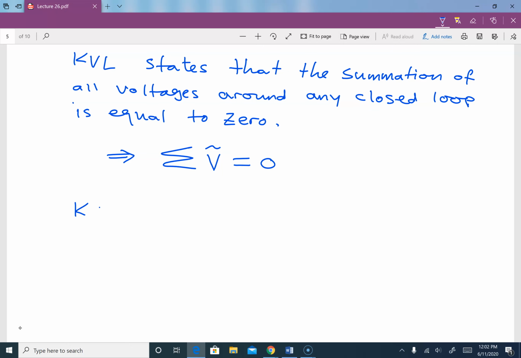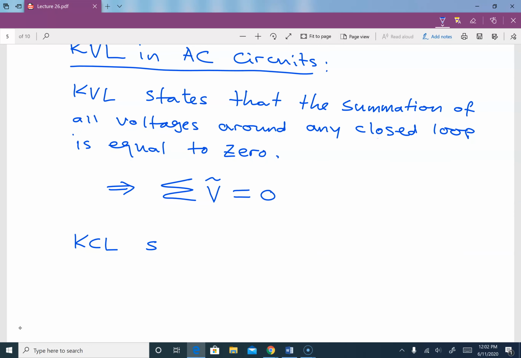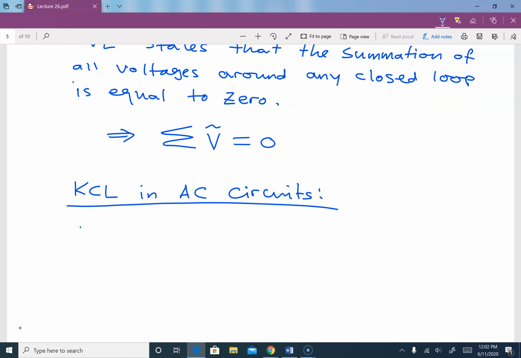And KCL in AC circuits is the same as in DC.